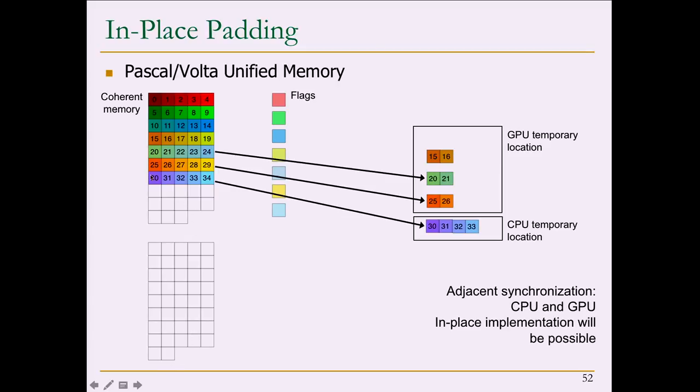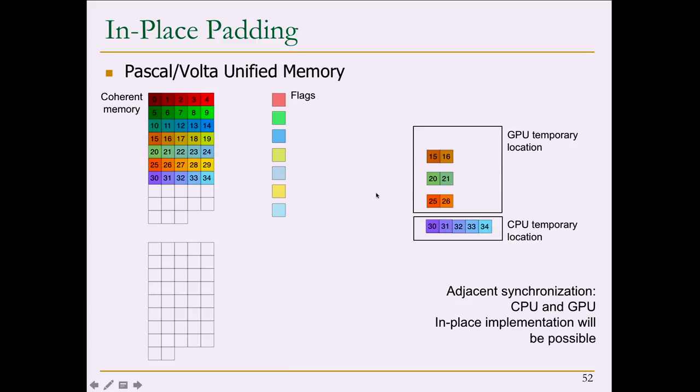So the problem here is that this orange row that you see here, when it is in the final destination, probably it will need to overwrite some of these blue or purple elements of this row. That's the problem, or that's the challenge of implementing the in-place matrix padding.